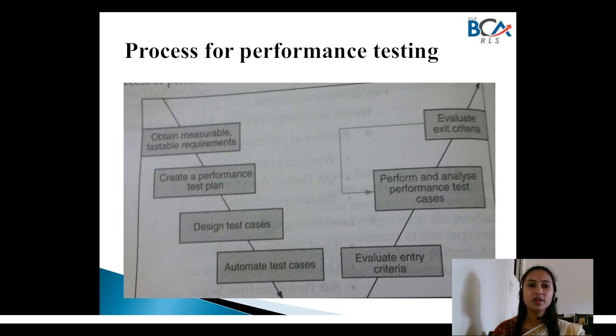Next, let us see the process for performance testing. As in the diagram, first you have to measure the requirements, that is, obtain measurable and testable requirements. In all software development processes, the first phase is requirement gathering.